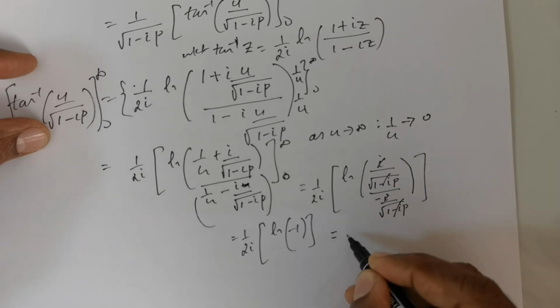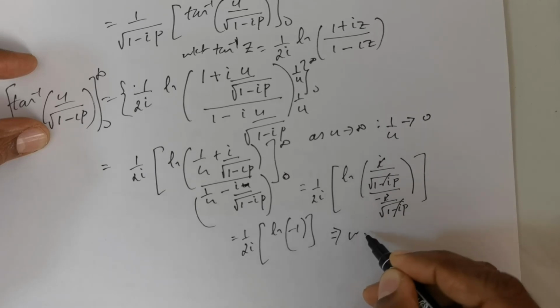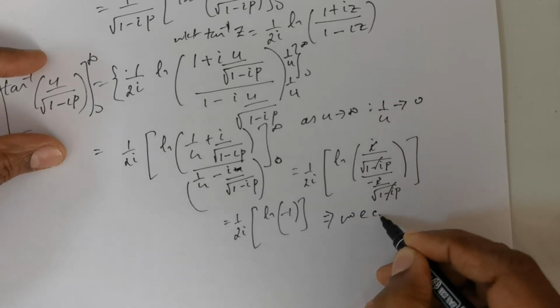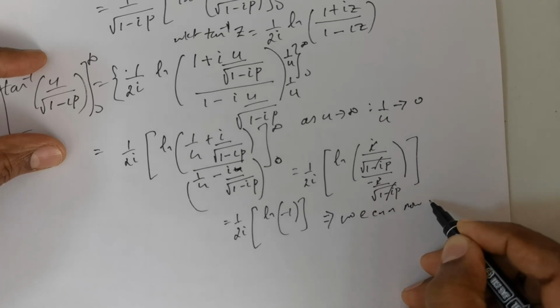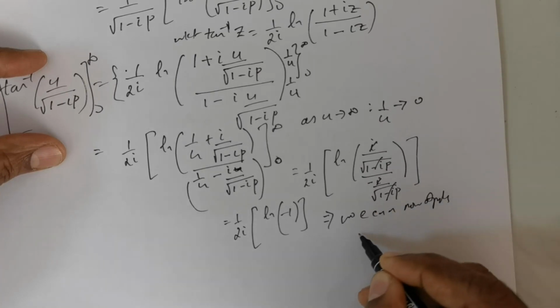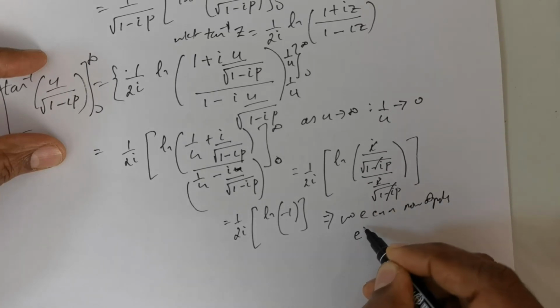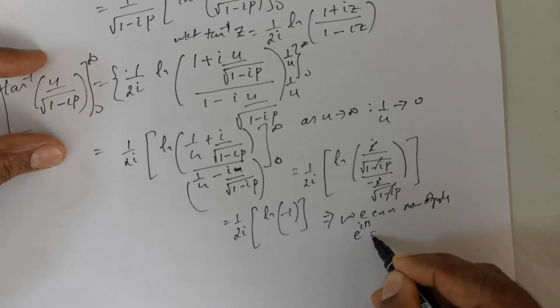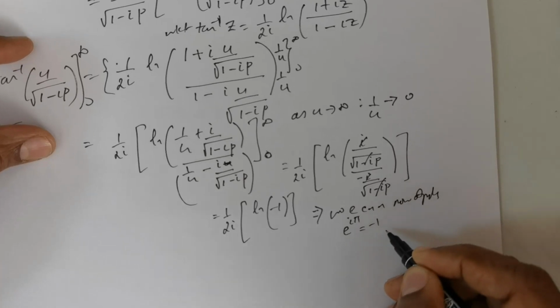Now we know that we can apply the all important value of negative 1, e raised to the power of i pi is equal to negative 1. How?